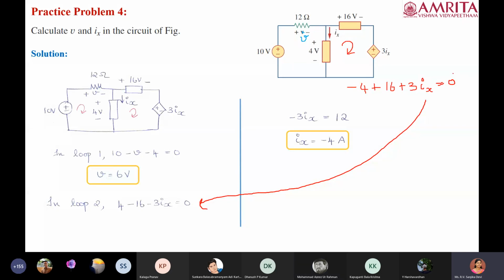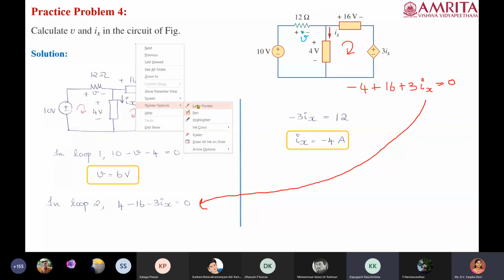Anybody else have any doubts? I mean, second loop, if we change the direction also, we will get the I as positive, no ma'am? Which I? Ix. No, the final answer will not change. See, for this particular equation, what is Ix?